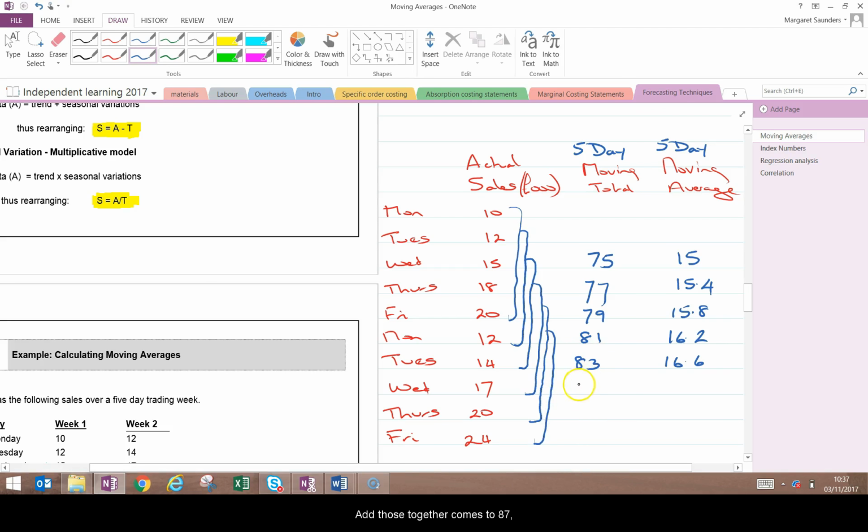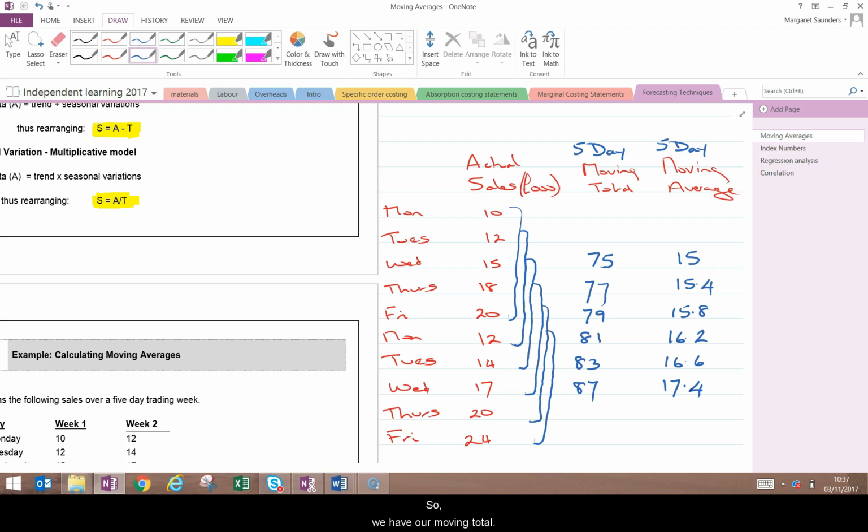Add those together, comes to 87. Divide by 5, 17.4. And that is where we stop, because we have not got enough data left to do another 5-day moving total.